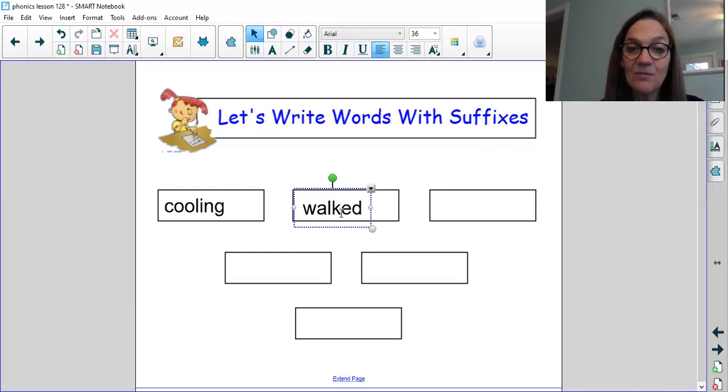We didn't need to double the final consonant because it's not a short vowel word. It's a special sound vowel word. All right, if you didn't do it correctly, pause the video and write it correctly. It's good for you to write it, hear it, see it, say it correctly. Your brain will help remember it better that way.